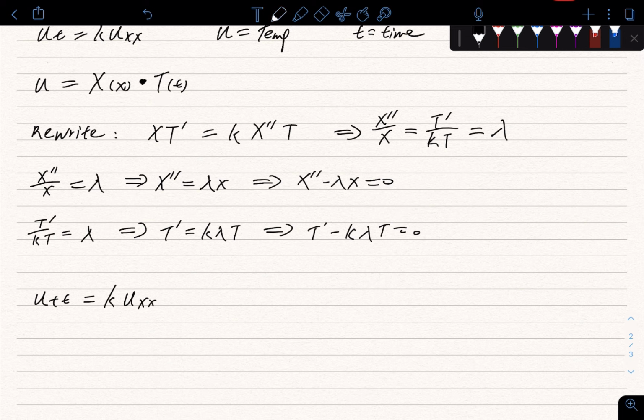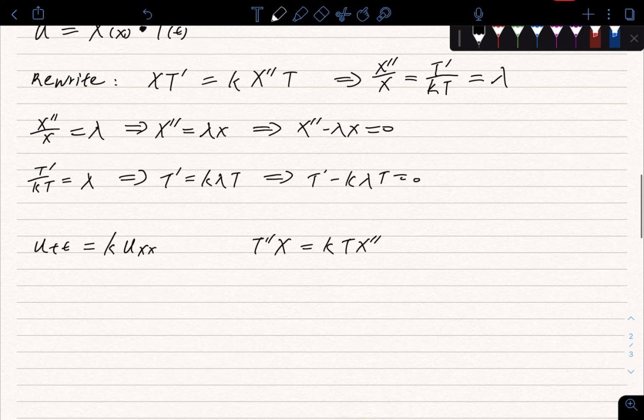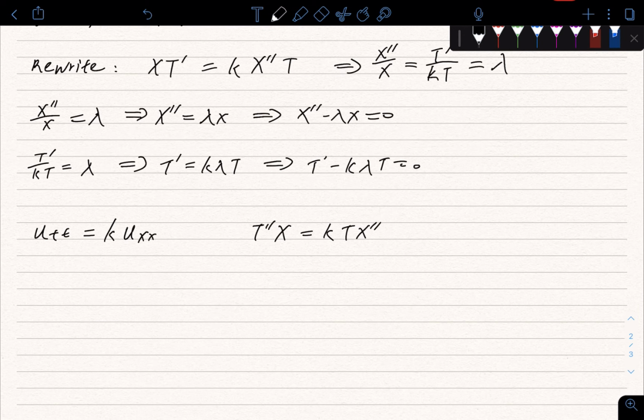So u_tt will become T double prime times X, and that equals k T times X double prime. Then you just tweak this expression a little bit. Let's write X first. X double prime over X equals T double prime over kT. We're just arranging everything, and then we're going to set it to an arbitrary constant lambda.